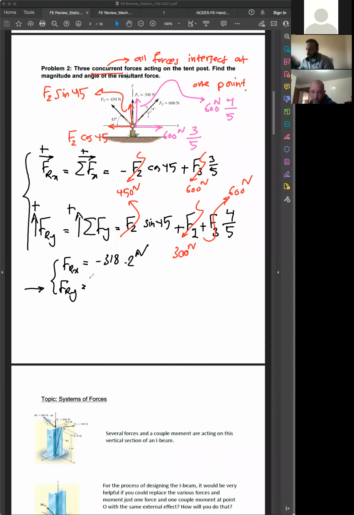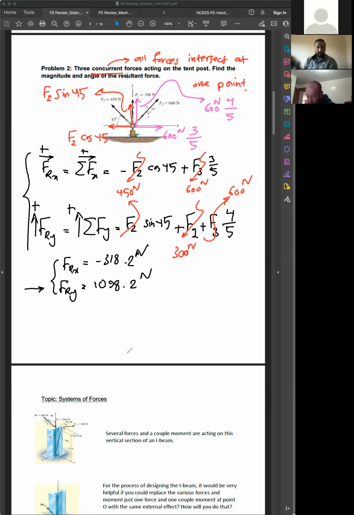FRY would be equal to 450 sine 45 plus 300 plus 600 times 4/5, which would be 1098.2 Newton.